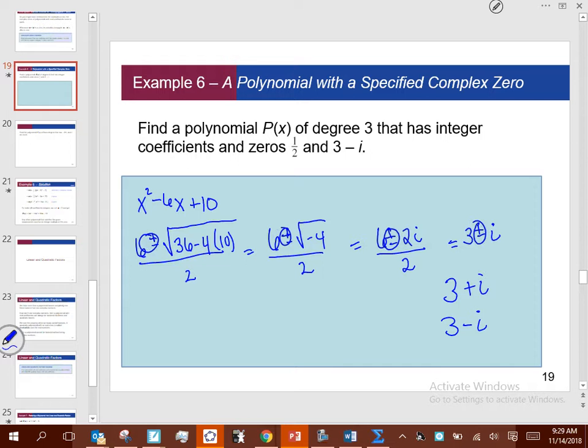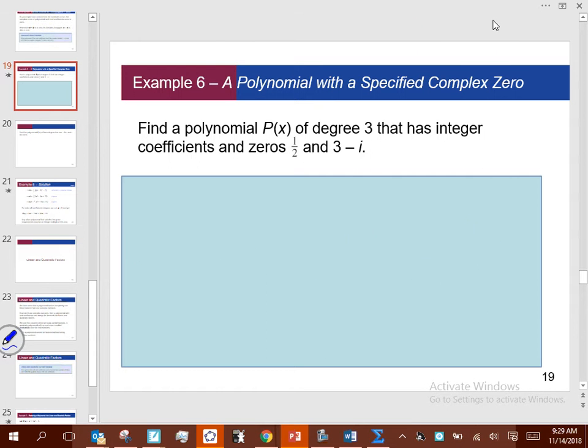So that's the idea behind why we know that if 3 minus i is a 0, and it's in the a plus bi form, then its conjugate, 3 plus i, is also a 0.